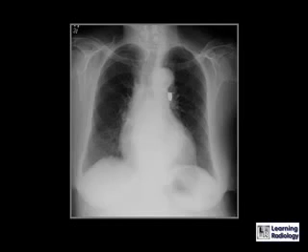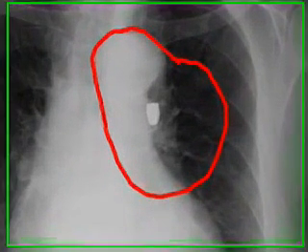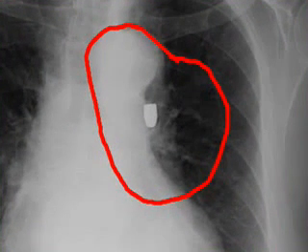But that's not always possible to make that determination initially. And here's a case in which a patient has a metallic foreign body. Once again, it is a bullet, but we can't tell from this frontal projection alone whether the bullet is in the skin, subcutaneous tissue in the front or the back, or it's somewhere in between.